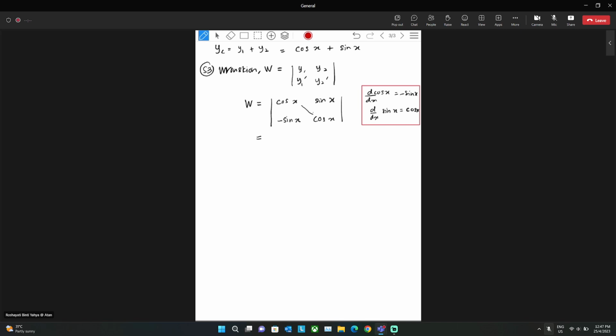So how to solve your matrix? Multiply this minus this. So cos multiplied by cos becomes cos squared x, minus sine multiplied by negative sine, which is sine squared x, so there is a negative in front. So cos squared x plus sine squared x.